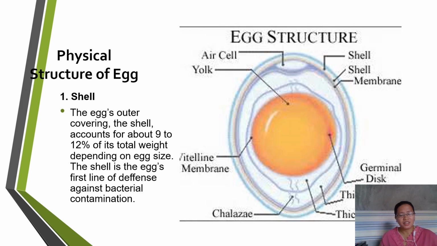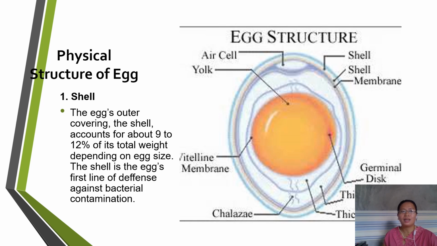So, kapag very fresh pa ang eggs, konting hangin lang ang nakakapasok sa kanya kasi it is protected by the shell. However, if matagal na siya na nandito sa labas, the shell becomes more porous. Ibig sabihin, marami ng mga maliliit na butas doon sa shell para doon dumaan yung hangin.